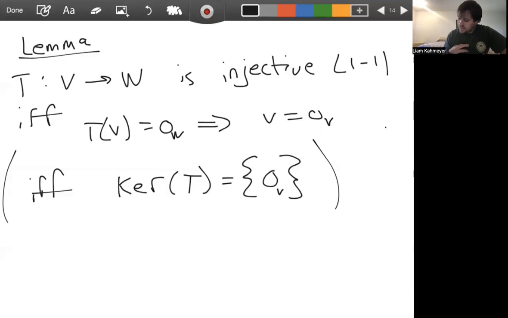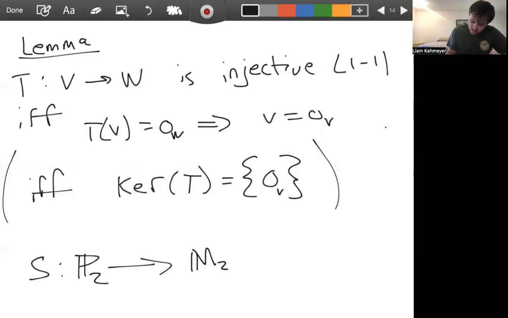For example, I'm going to define what surjective is, but we're going to do an example in just a little bit that's looking at a transformation from P2 to M2. For this transformation, the additive identities of the domain and the codomain are different. Here, the additive identity of P2 is just 0, the zero polynomial.